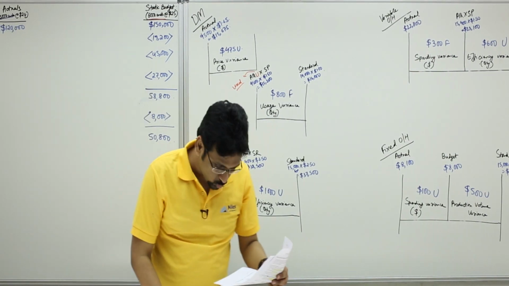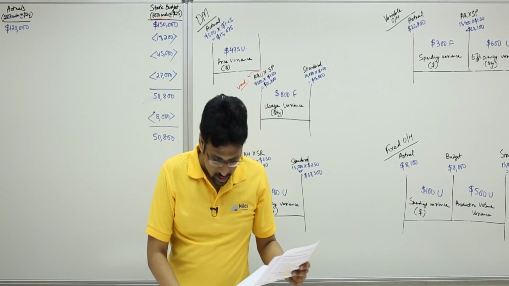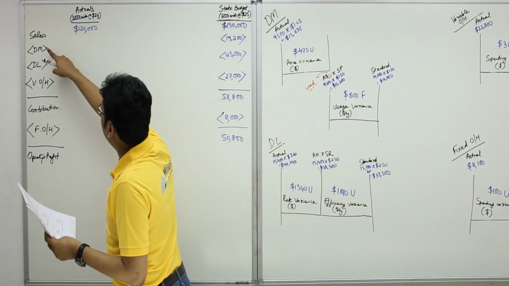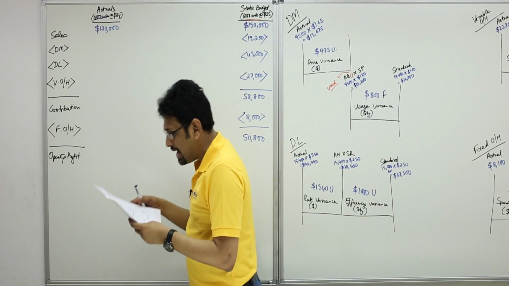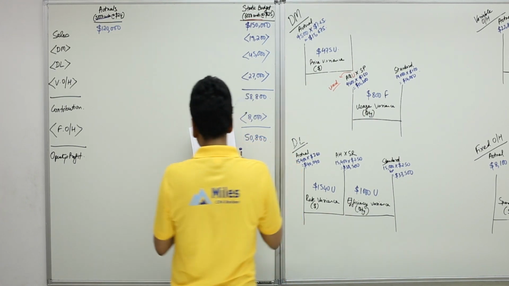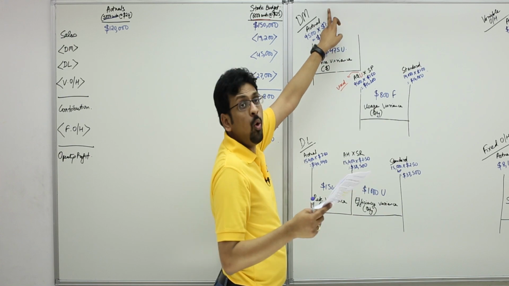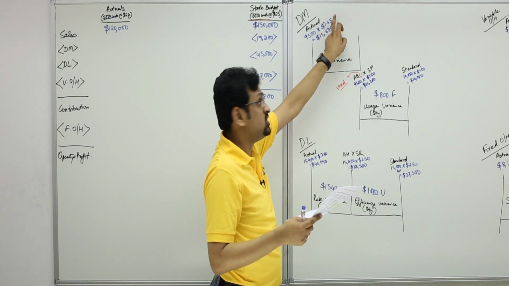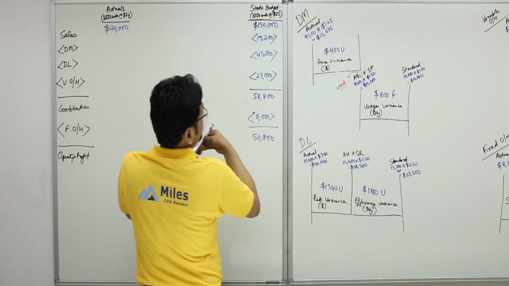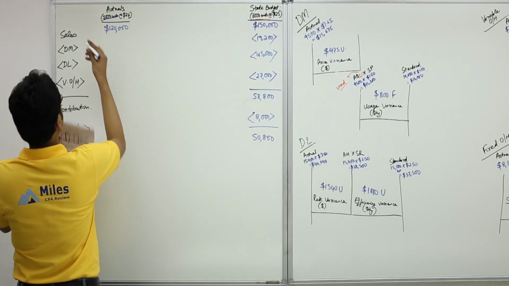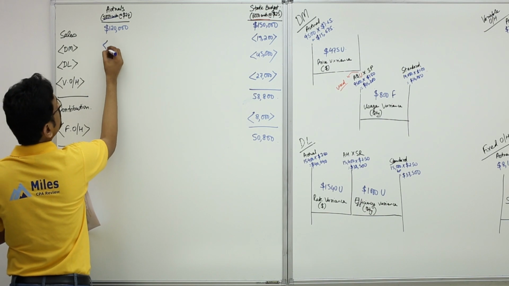Okay, we'll come back to variances again. So for now, let me get the numbers in place. For direct materials, in reality, they had used 9,500 pounds, which they purchased for $1.65 each. So the direct materials cost on their income statement is $15,675.